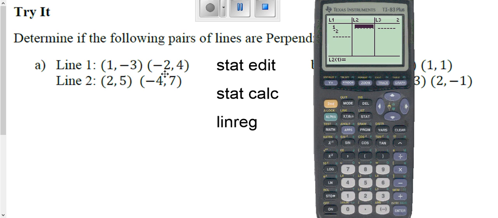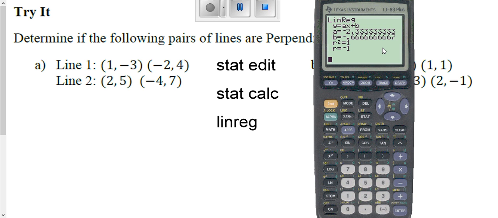And the y's are negative 3 and 4. All right, looks good. StatCalc. Number 4 for linear regression. And we get the slope negative 2.33333.